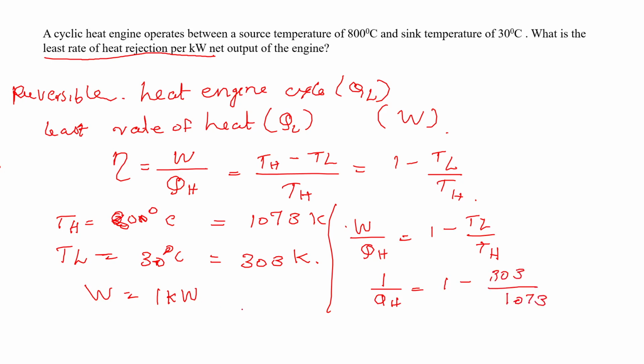Solving it, you will get QH as 1.39 kilowatt. From there you find QL, which is QH minus W. Substituting the values, it is nearly 0.4 kilowatt. First go through the questions and solve them, and check that you are getting the same answer.